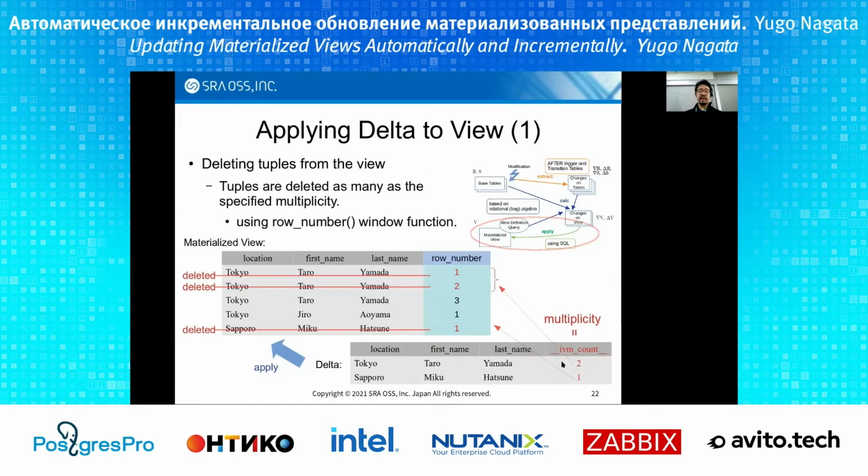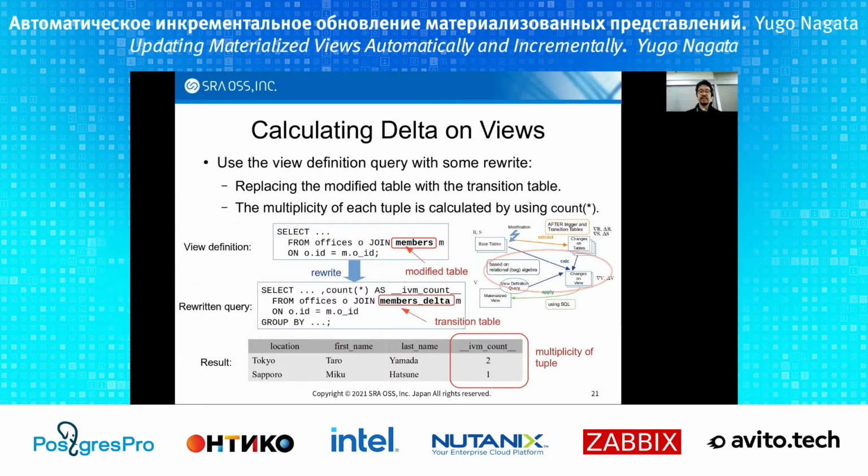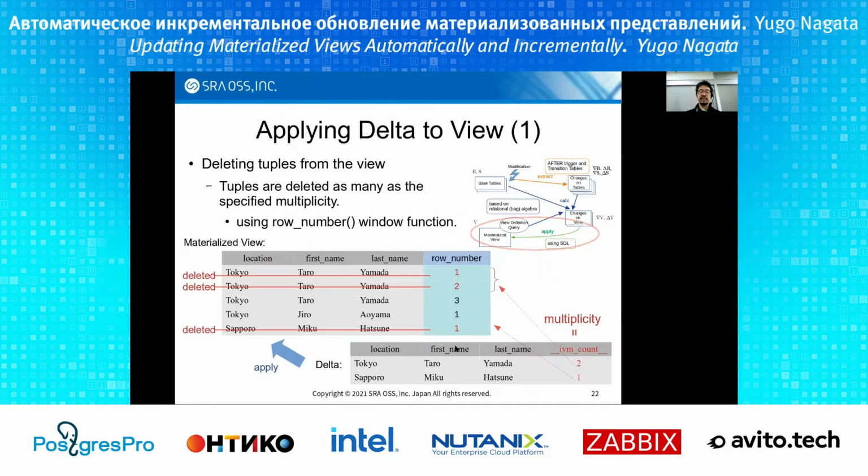And finally, these deltas on views are applied to the view. When deleting tuples from the view, tuples in the view are deleted as many as the specified multiplicity. The same tuples in the view are numbered using row number window function.